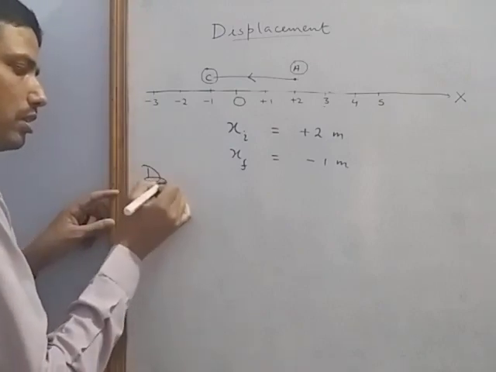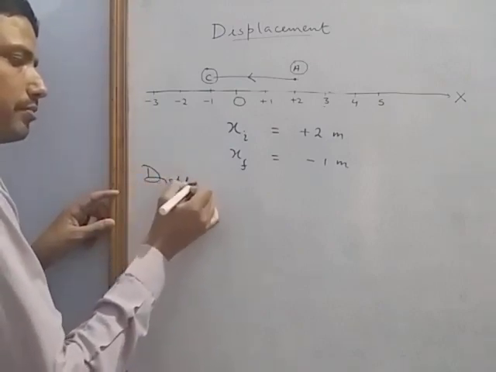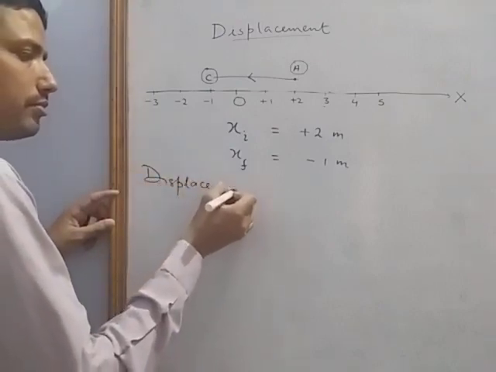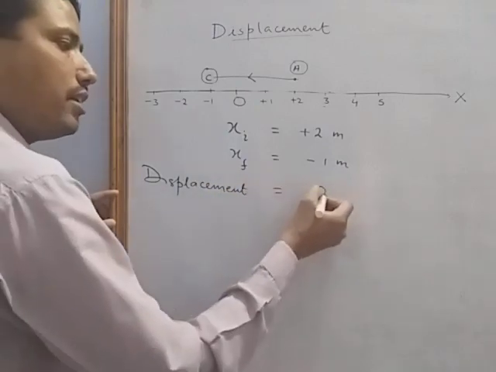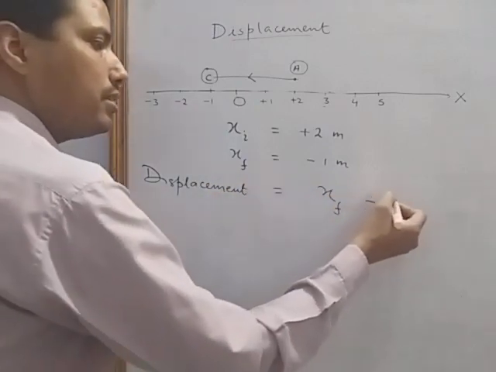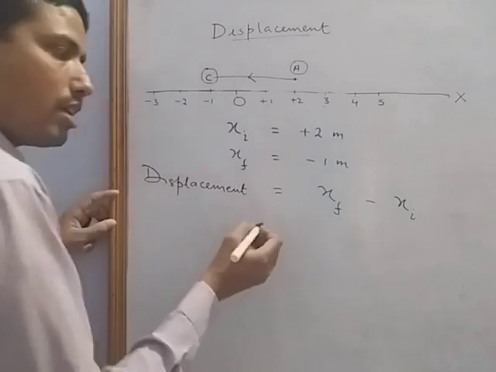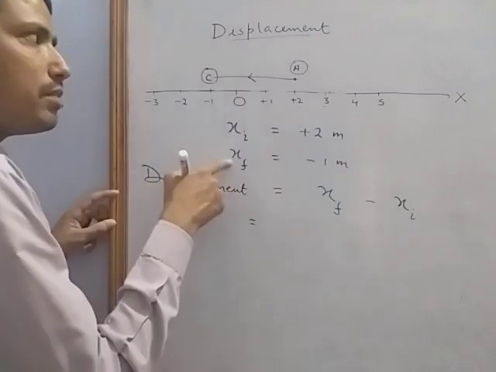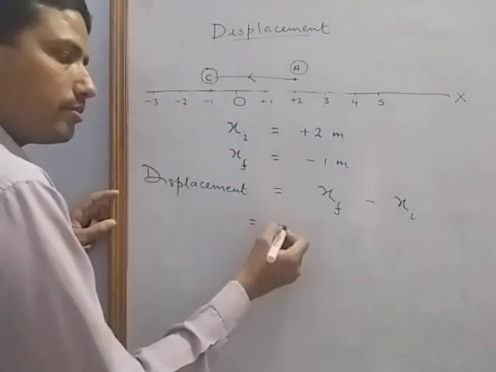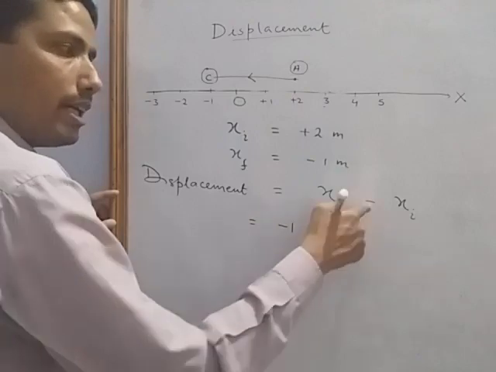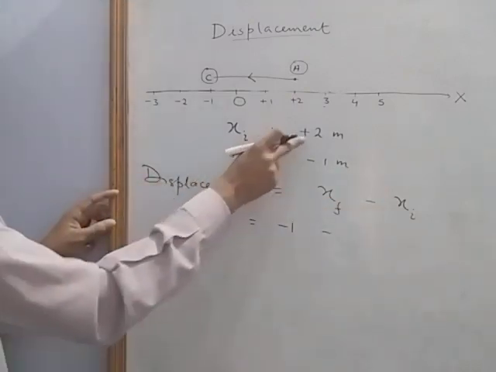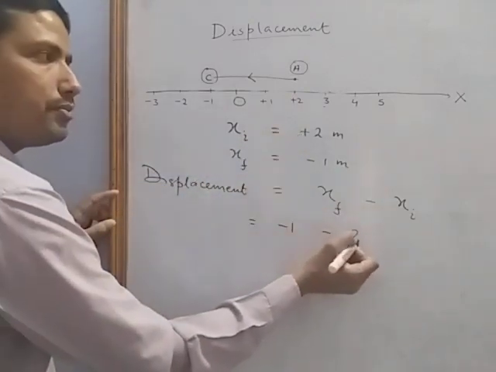How to find displacement? So displacement will be given as final position minus initial position. Now what is the final position in this example, students? It is -1. Minus, what is the initial position? Initial position is 2.